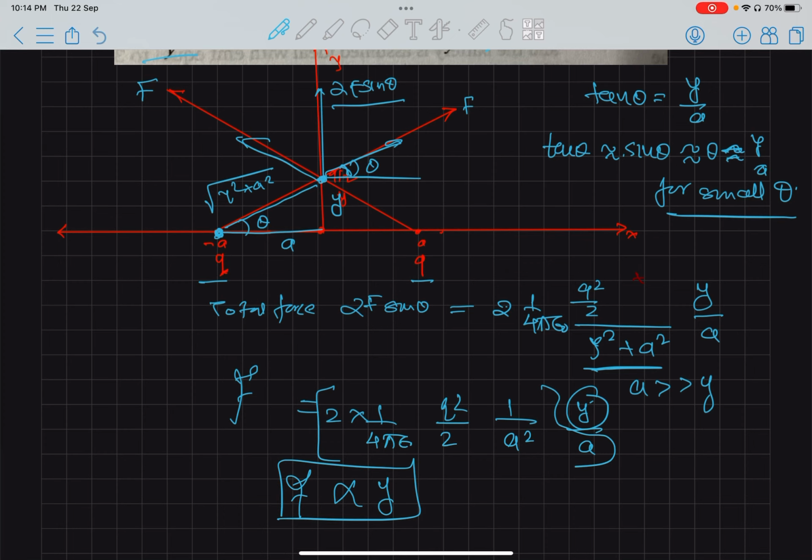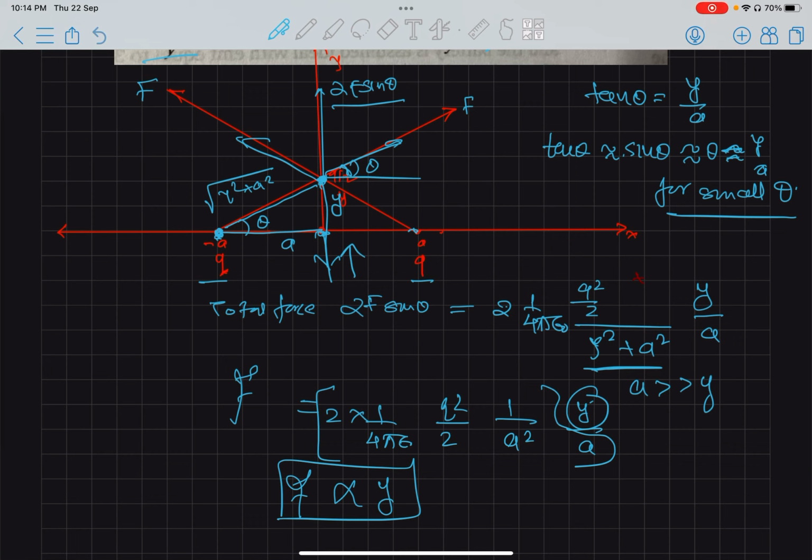If one of the charges had been opposite to these two charges, then the total force would be in this direction, and this total force would reverse as soon as this particle crosses the origin. The force would then be in this direction.